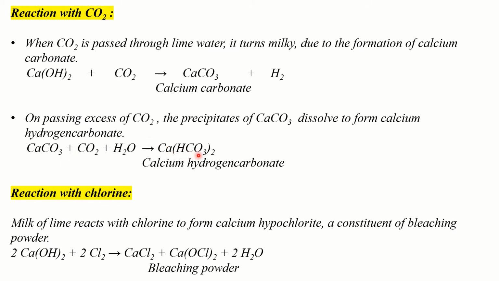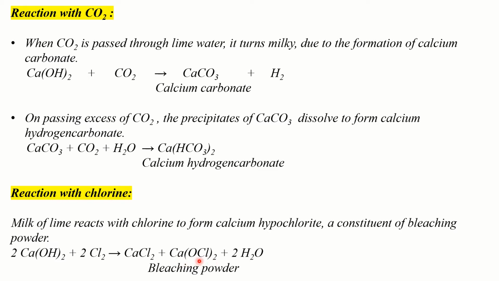Clear? Now let's see how milk of lime reacts with chlorine. This is an important reaction, students. Please make a note of it. What is milk of lime? Milk of lime is nothing but a suspension of calcium hydroxide. Remember? Milk of lime reacts with chlorine to form calcium hypochlorite, Ca(OCl)2.